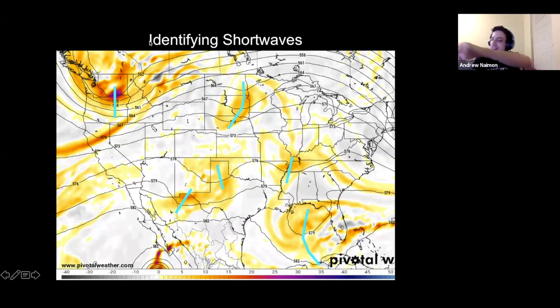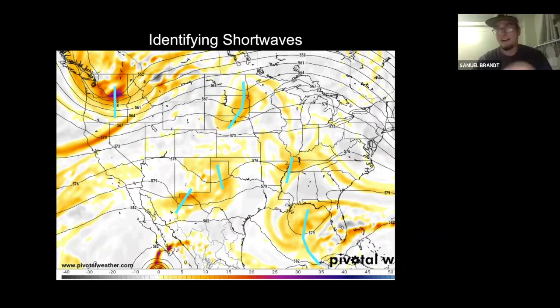Is there any length that the wave has to be before it's no longer considered a short wave? I don't know, it's kind of one of those vague things. A short wave is generally one where the wavelength is on a smaller length scale than your bigger troughs and ridges.